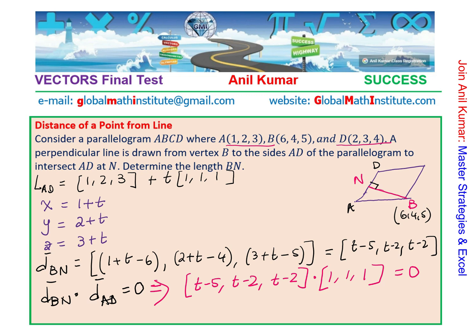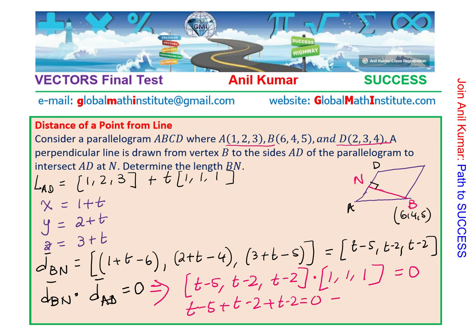So we can now calculate this value. We basically have t minus 5 when you multiply with this, others are 0, right? Plus t minus 2 plus t minus 2 should be equal to 0. And that gives you 3t minus 9 equals 0. And it does give you a value of t, which is equal to 3. Makes sense, right? Now you can solve this.